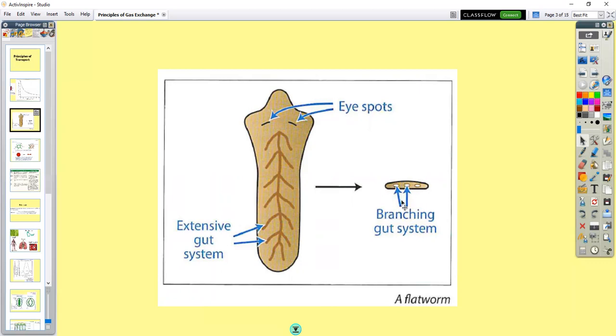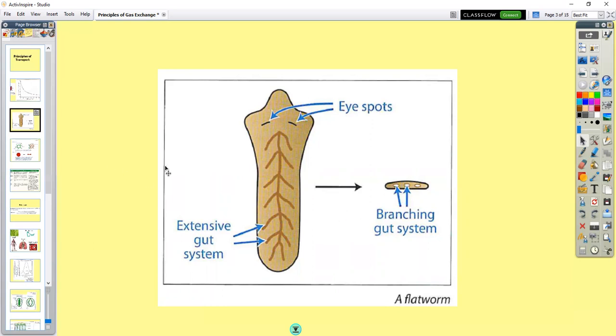Okay, so that's increasing the surface area with a more flattened shape to make it easier for substances to pass around its body, and it doesn't have a specialized respiratory exchange surface in the way we do. A lot of things can move in through diffusion, or gases can diffuse in and out because it's so flattened and has that large surface area.